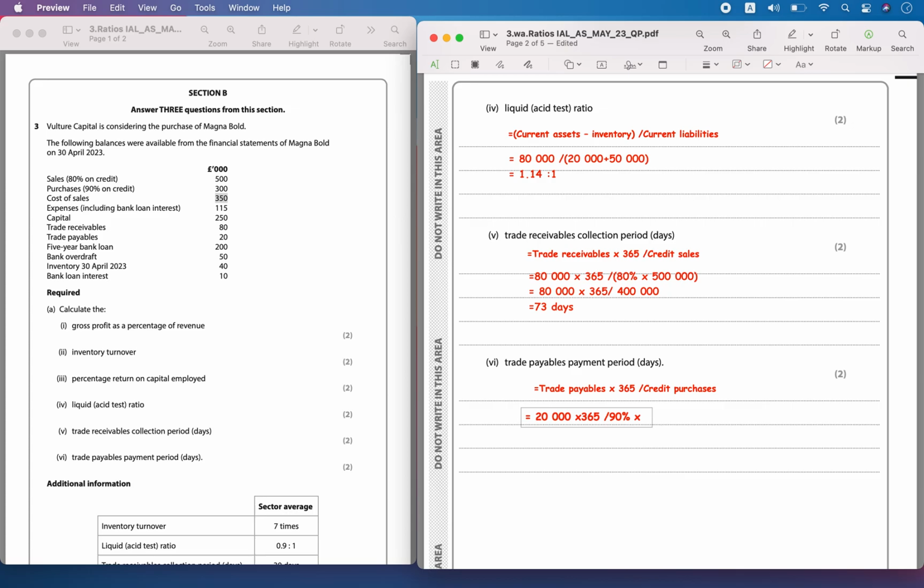You have to take only 90 percent of the purchases of 300. So 20,000 times 365 divided by 90 percent of 300, which is 270,000. That is equal to 27 days.